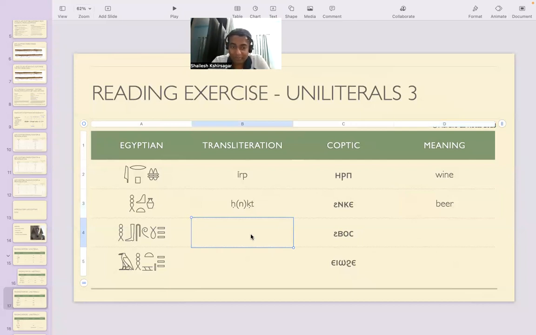H, then B, then S, and it is U. Yeah, good. H, B, S, and U, and the second last I am unable to identify, and the last one should be sh.